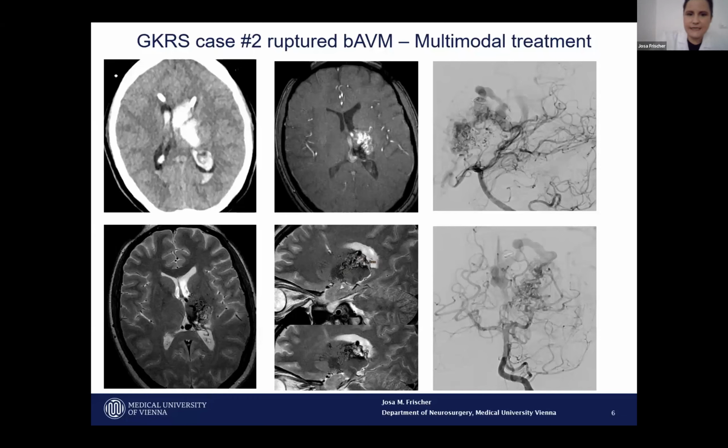It couldn't be obliterated by embolization, and after a month on the ICU and a few more weeks on the normal ward, we decided on radiosurgical treatment.